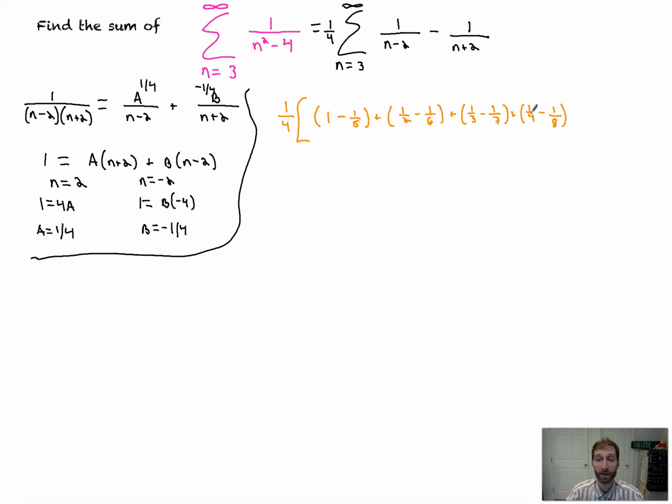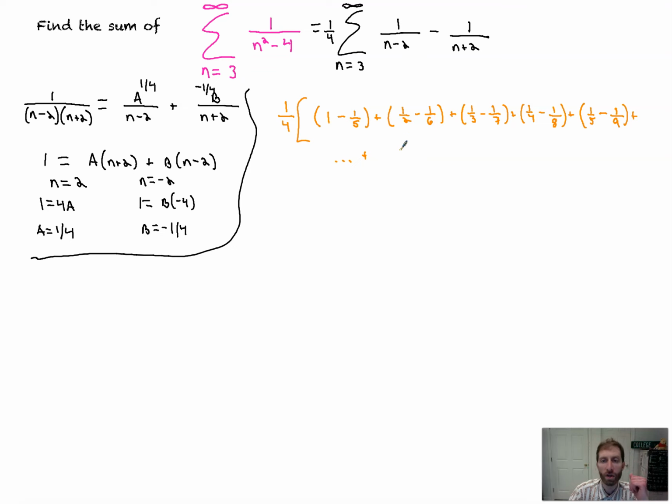And notice nothing's canceled yet. 1/4 still hasn't met the 1/5. It'll happen here. Plus 1/5 minus 1/9. Plus, and then we'll go dot, dot, dot, plus. Now, here's the thing. You know that the last 4 terms are going to be what does not cancel, right? It would be n minus 1, n, n plus 1, and n plus 2, technically.